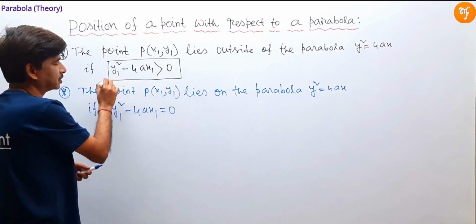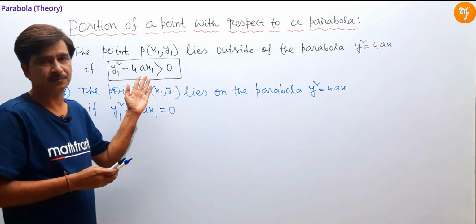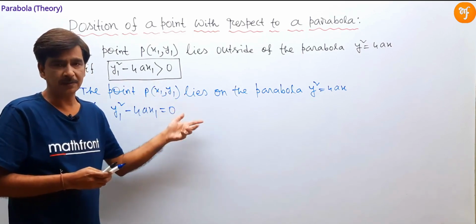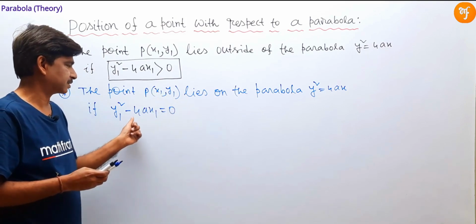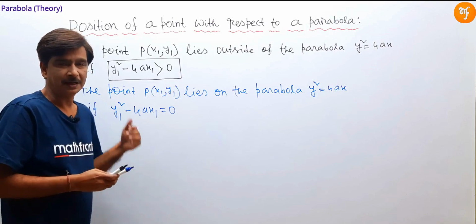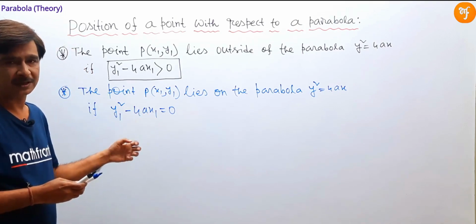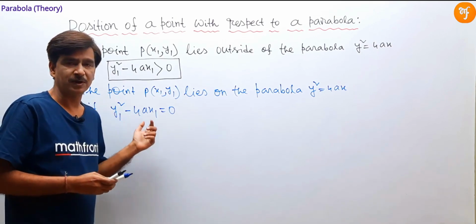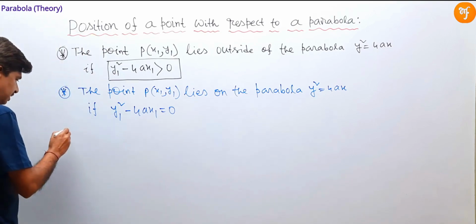Okay. So the point lies outside the parabola y square is equal to 4x if y1 square minus 4x1 is positive, the point P x1 y1 lies on the parabola y square is equal to 4x when y1 square minus 4x1 is equal to 0, and the point P x1 y1 lies inside the parabola, that is lies at the interior region of the parabola when y1 square minus 4x1 is negative. Okay, so please write down the next statement.